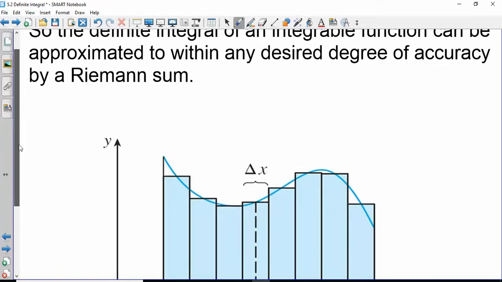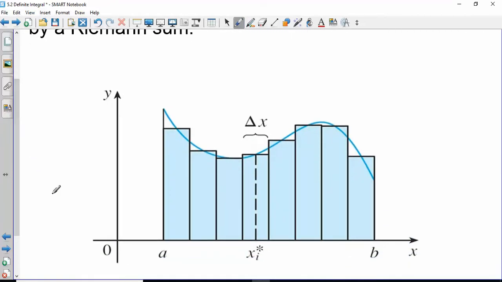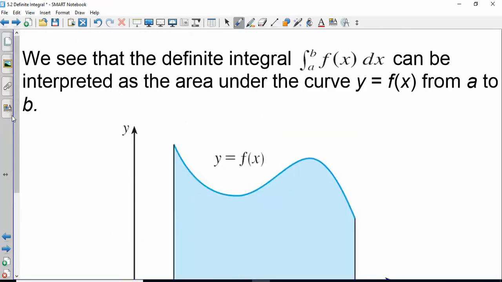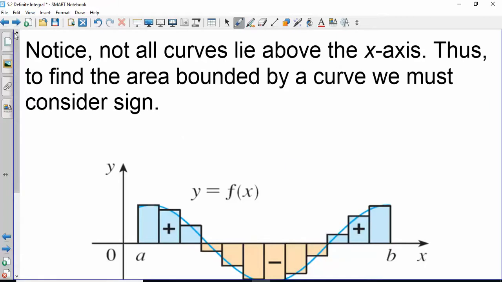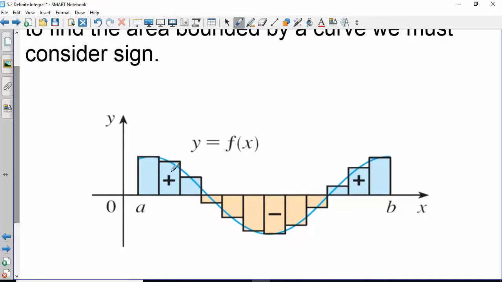All right, I put some of the pictures from your book out here to show you. Just like we've been talking about, we can find areas under curves. Everything we've been looking at had a definite starting and stopping point and everything was above the axis. But that's not always the case. We can have curves that dip below the axis.